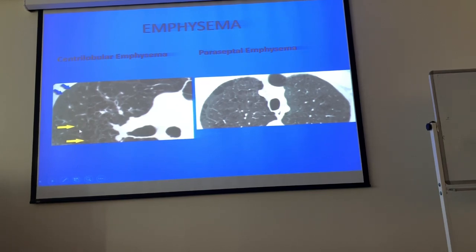So this is centrilobular emphysema, and these dots are the centrilobular vessels. And this one, again the same thing, along the pleura, along the septum, so this is paraseptal emphysema.